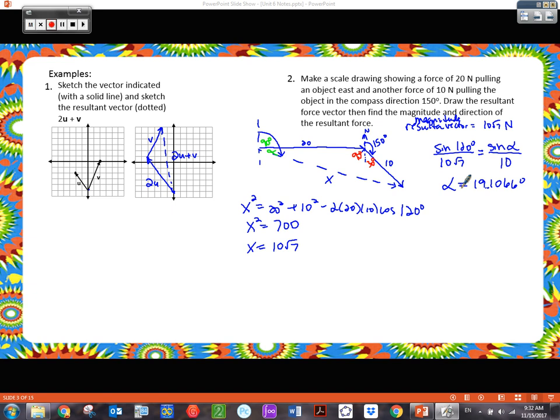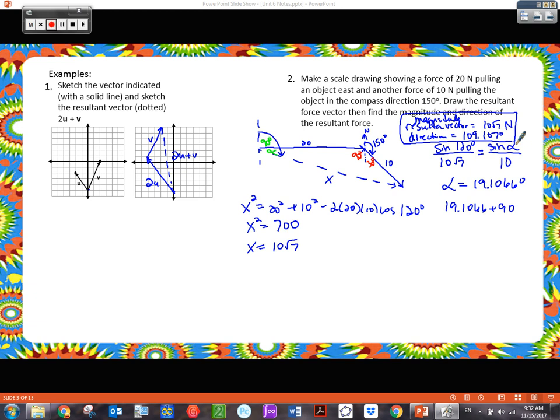We add the 90 to it. So 19.1066 plus 90 gives me my direction of 109.107 degrees. So this is the information they asked for, the magnitude and the direction.